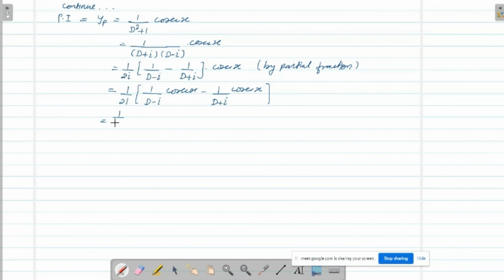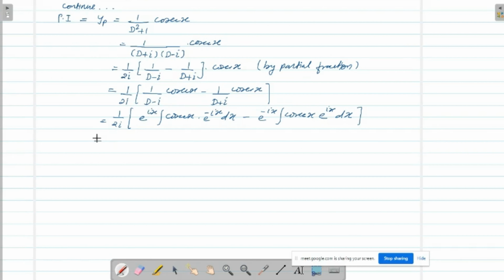So this is 1 upon 2i, we use e raised to ix, integration of cosec x into e raised to minus ix dx, and minus e raised to minus ix, integration of cosec x and e raised to plus ix dx. Okay, now just integrate this.